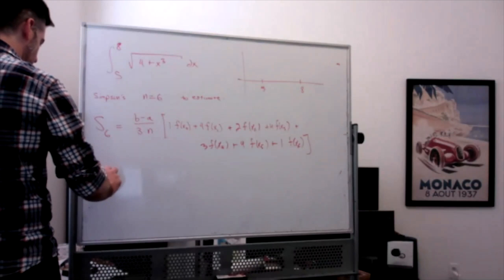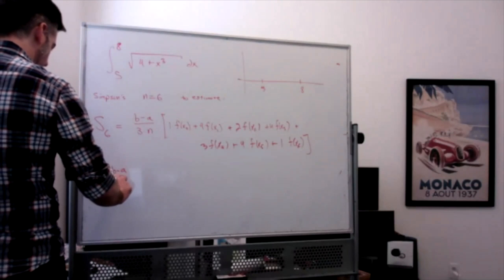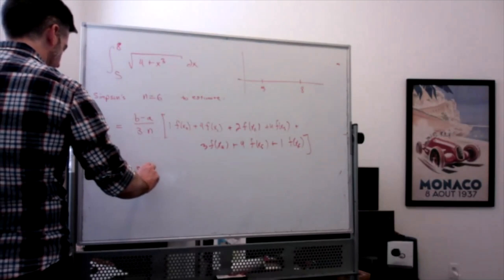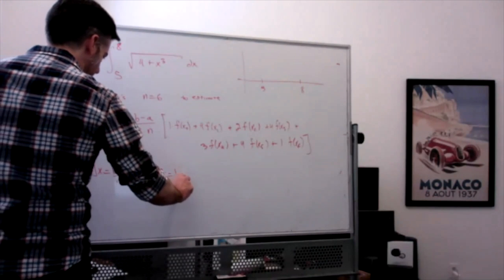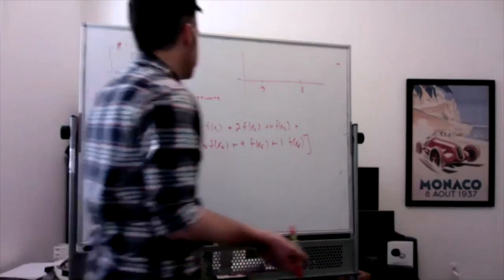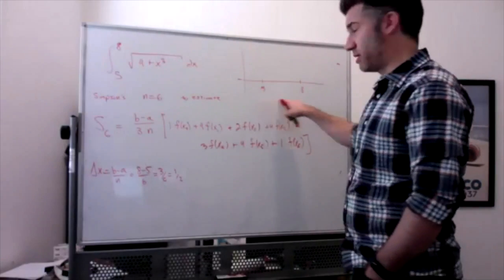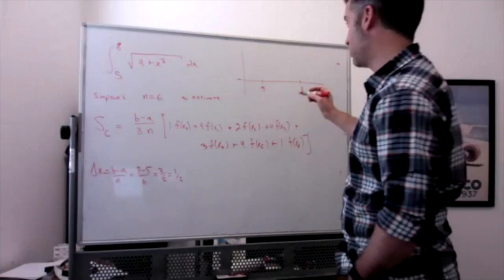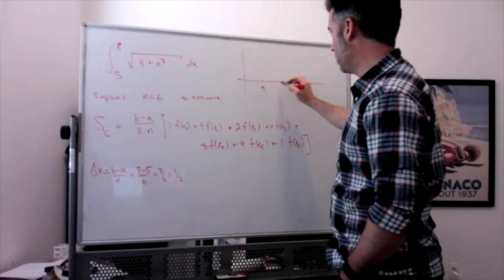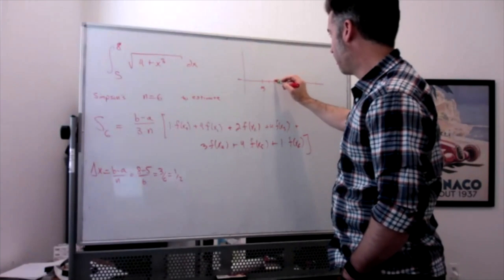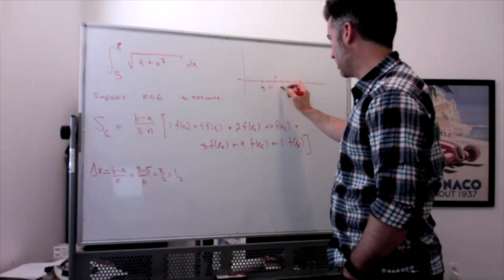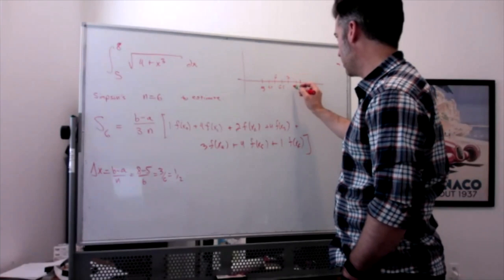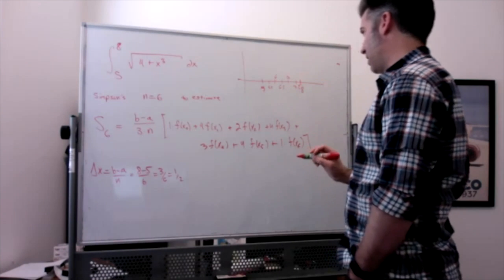Delta x, which is b minus a over n, is 8 minus 5 over 6, which is 3/6, which is 1/2. Okay. So then I'm going to break this up into 6 intervals of length 1/2. So I'm going to have 5 and then 5.5 and then 6 and then 6.5 and then 7 and then 7.5 and then 8.